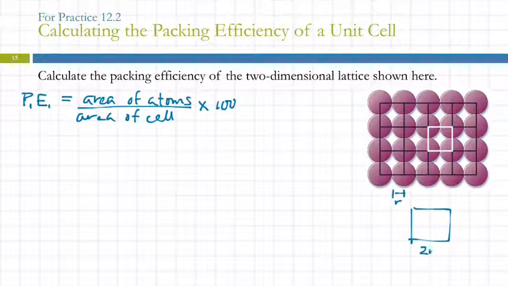Each side is 2r. Right, we can see that there's 1r and then another 1r on each side. And so area equals 2r times 2r. So the area of the unit cell is 4r squared.